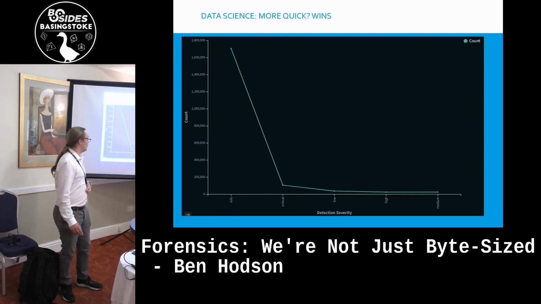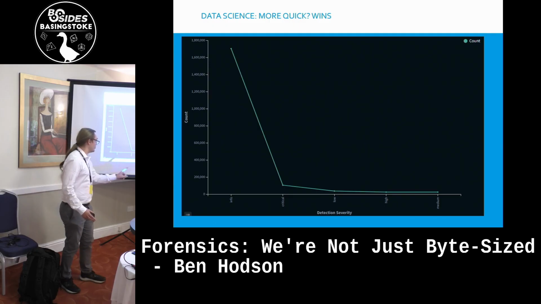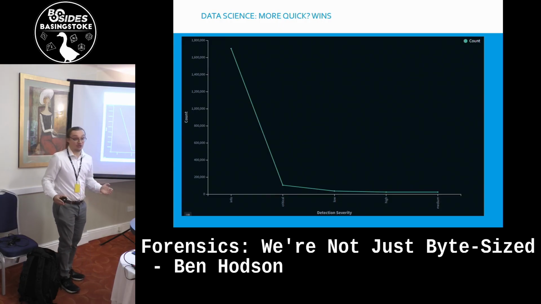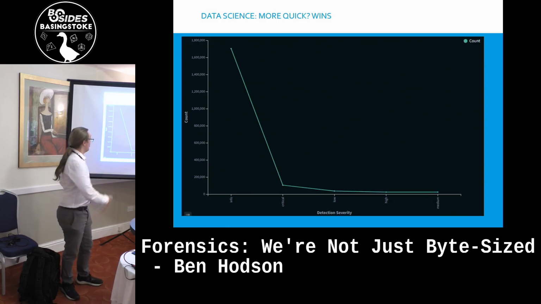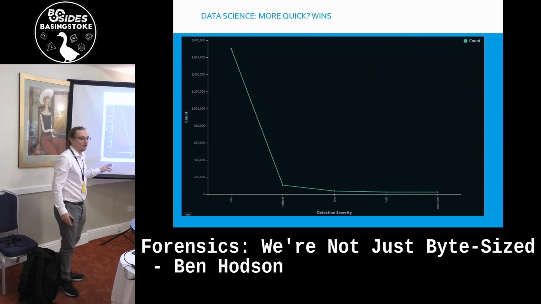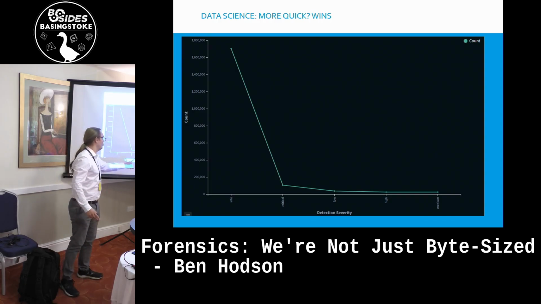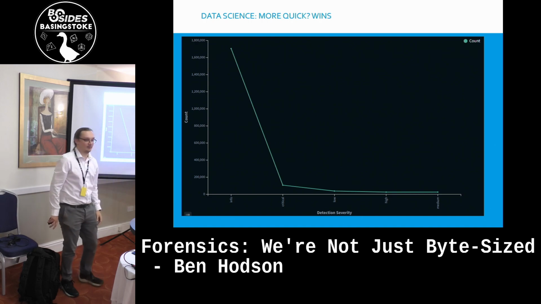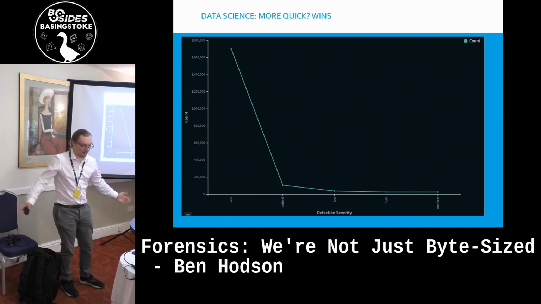On a normal data set, we would expect to see detection severity along the bottom, in increasing severity, and we would expect that curve to be inversely proportional. However, whilst we see that sort of shape, detections go info, critical, low, high, medium, which doesn't work.